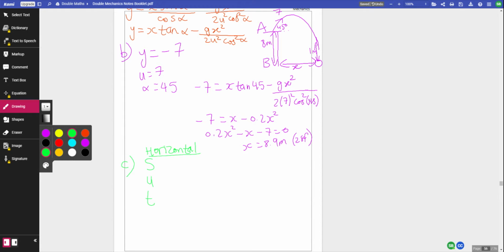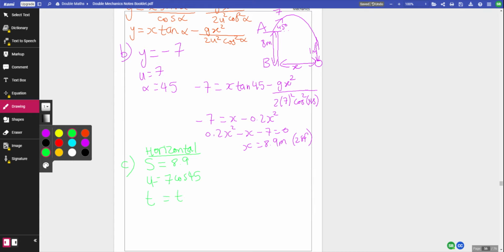So if we think about horizontal motion, we know that the horizontal distance that the ball travels is 8.9 meters. Obviously, at this stage, you don't want to use 8.9 in your working out. You want to be using the exact value that you found, so you want that stored in your calculator. We know the initial velocity was 7 cos 45, and t is what we're looking for.